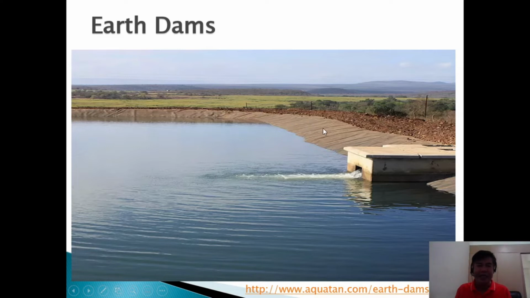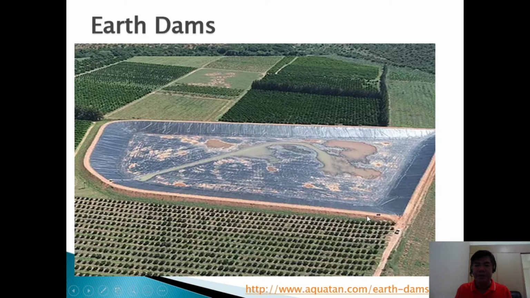Of course it does not need a thorough analysis because it is intended only for a small project, just to irrigate the farm. This is the top view of that earth dam. The owner has this farm, so he has made this simple reservoir.